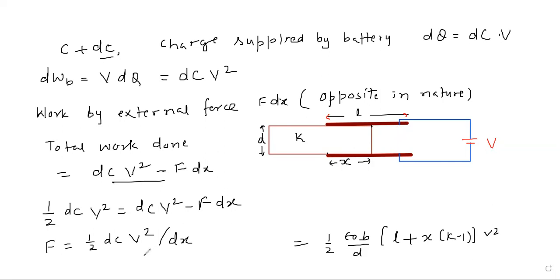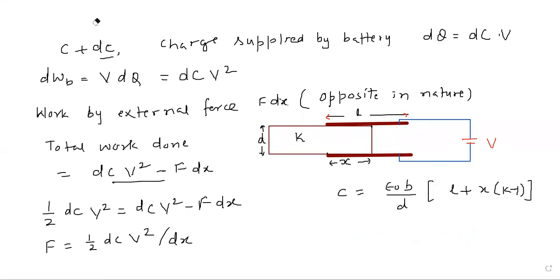And we have C as this much. C we have found earlier as epsilon naught B divided by D times L plus x times K minus 1. Now, we have to find dC from here. It means we have to differentiate it with respect to x.